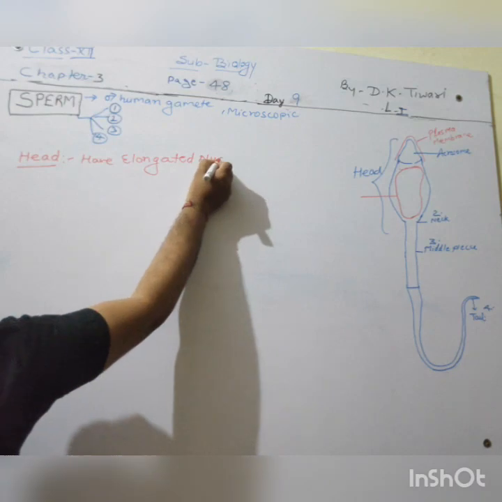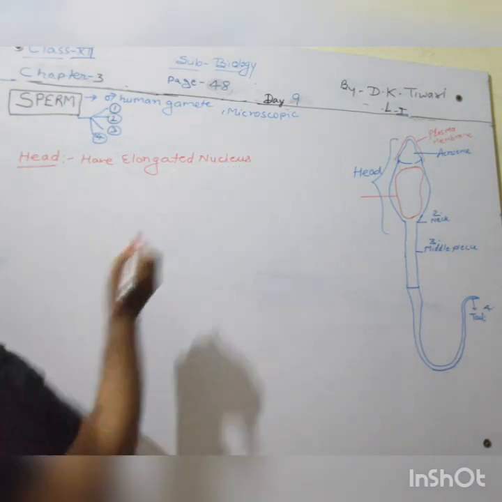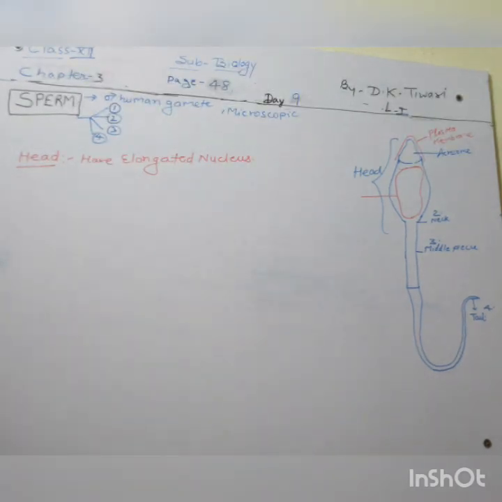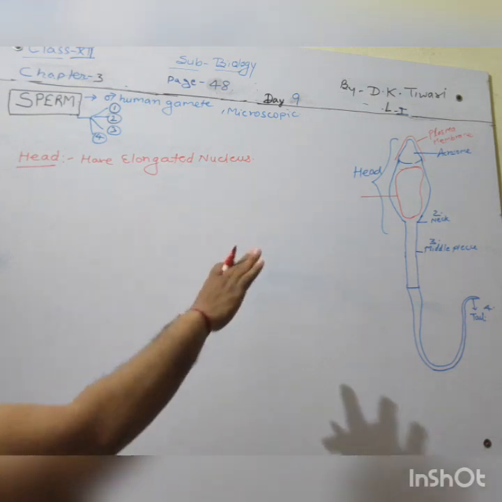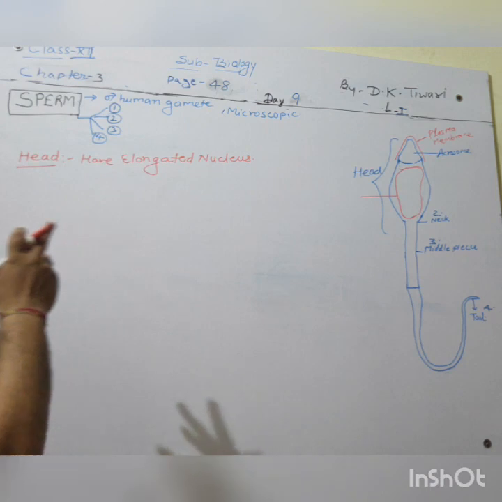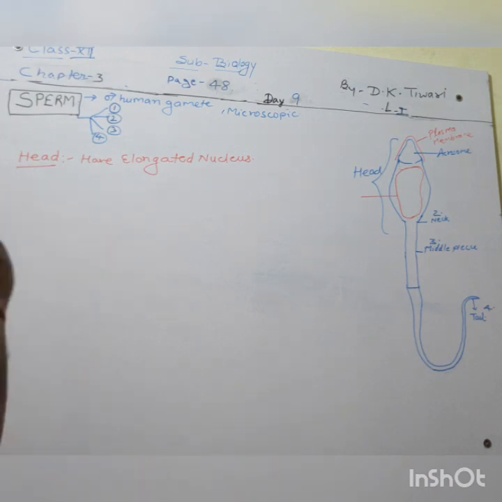The very important thing that should be identified here is the elongated nucleus, which is the controlling body of the sperm.